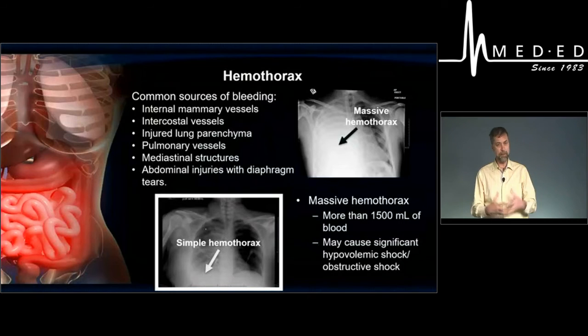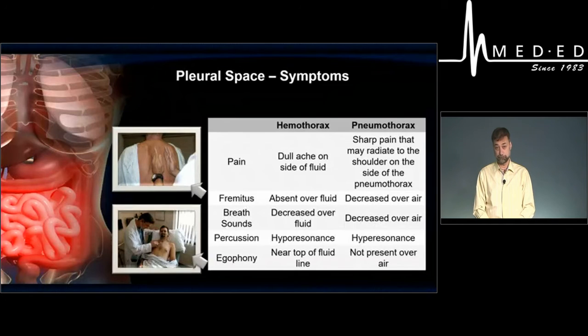Now remember, women have about 4 liters of circulating blood and men have 5 liters. So 1,500 mLs of blood in the pleural space, that's pretty significant. That can lead to significant hypovolemia, not to mention the space it's going to take up and the secondary tension hemothorax that may occur, and that will lead to obstructive shock.